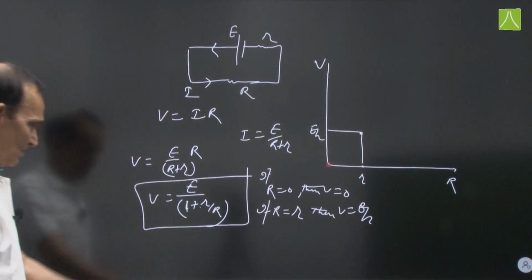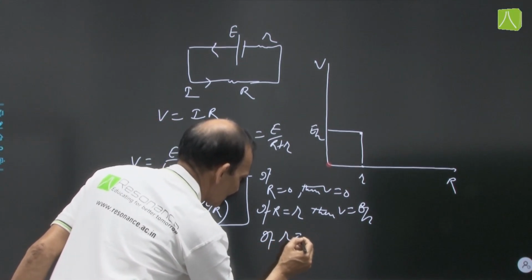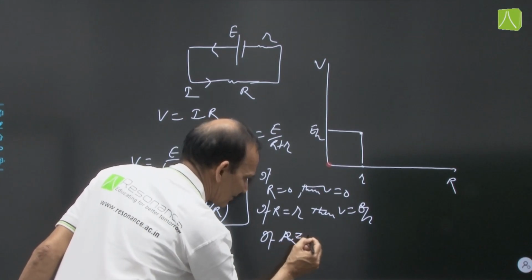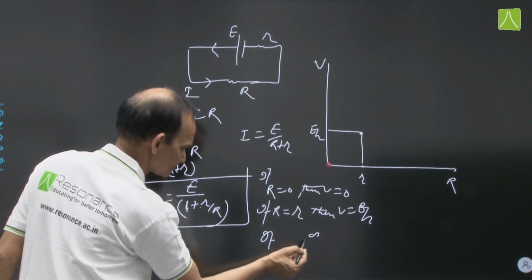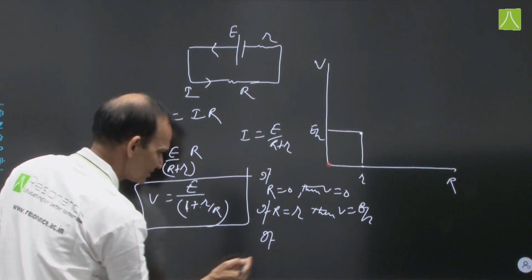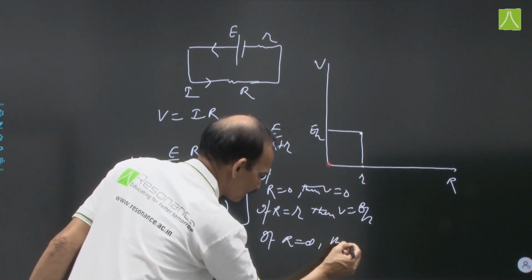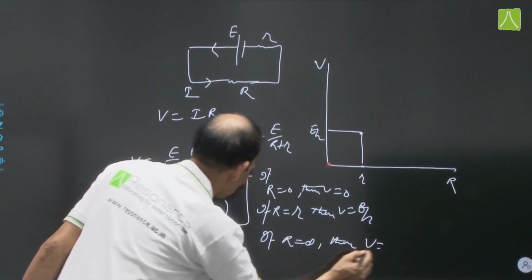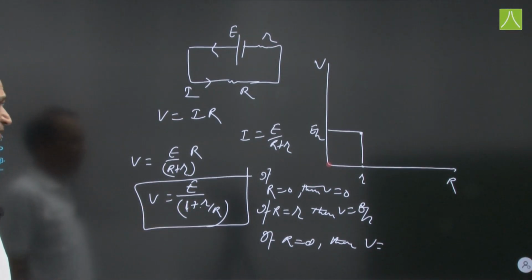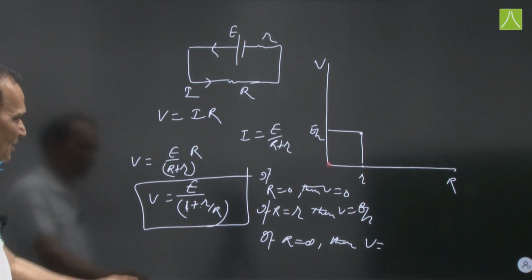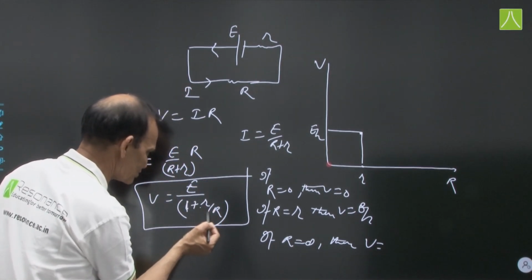Now next, if capital R is equal to infinite, we are varying capital R. Then what is the value of V? You can calculate here, r upon infinite is 0.